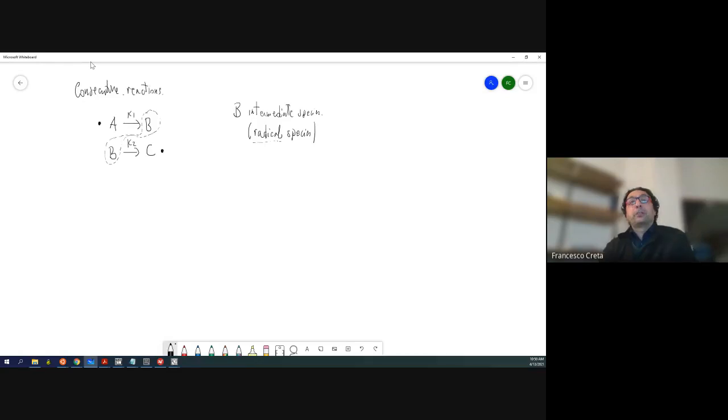So imagine, for example, the molecule of CH4. This molecule can be stripped of one hydrogen atom. So we can write it here as CH3 and then a dot, which indicates a free covalent bond or a free electron, and H is exactly the same. And you can go on, you can have CH2 and so on.